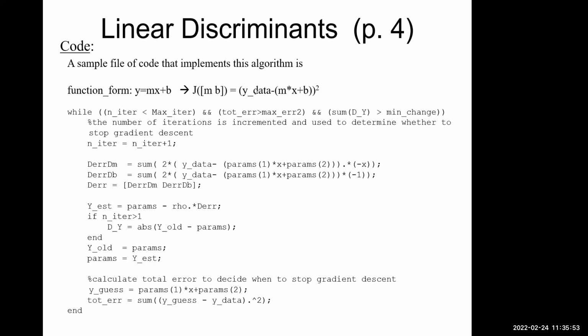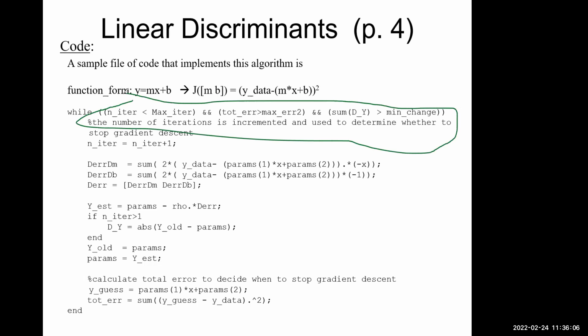You know, what's in the while statement of the max iteration, max error, and then change. This part's going to stay the same. We're always going to be counting our iterations.